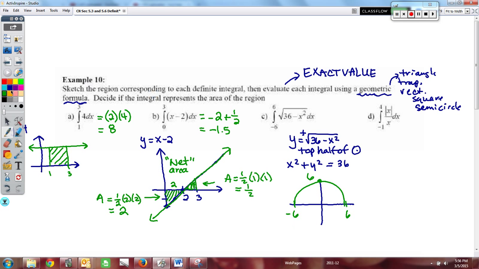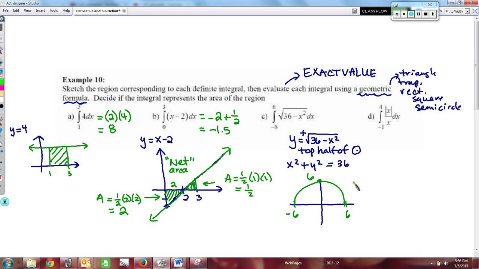And so if I was calculating the area of this, the area of a circle is pi r squared, but it's only half the circle, so the area would be 1/2 of pi r squared. My radius is 6, so it's 1/2 of 36 pi, or 18 pi.